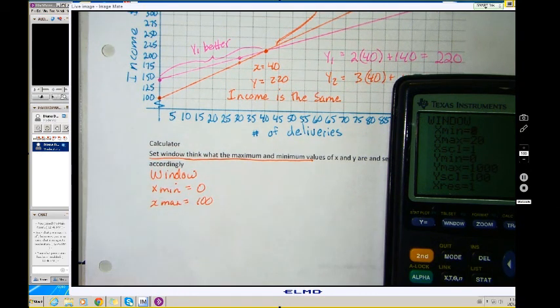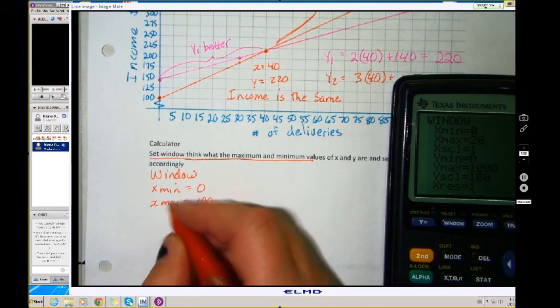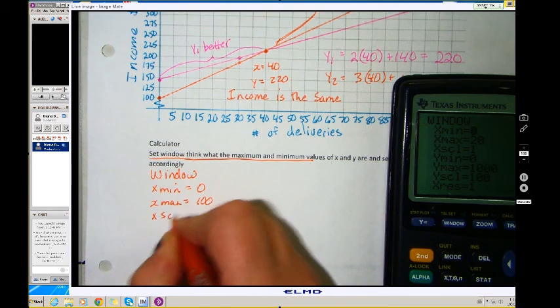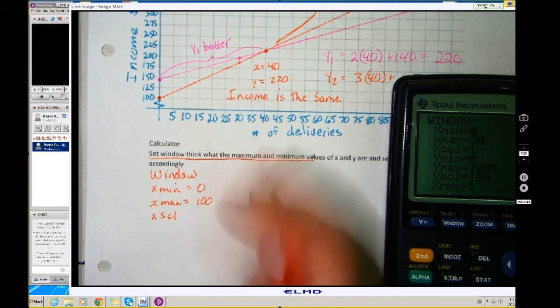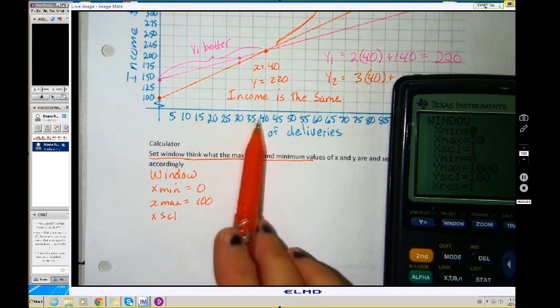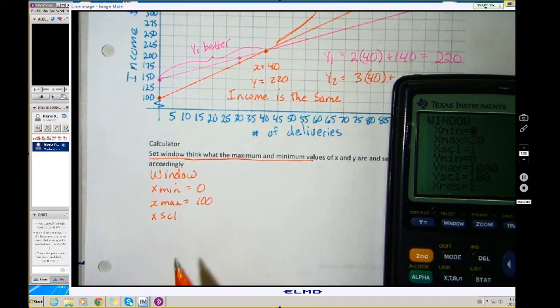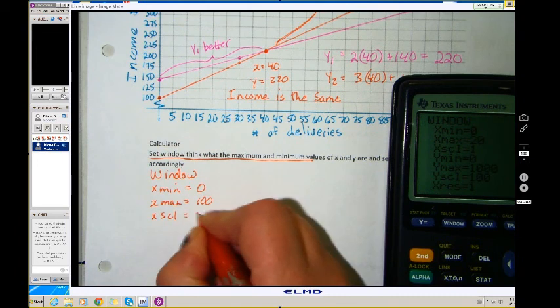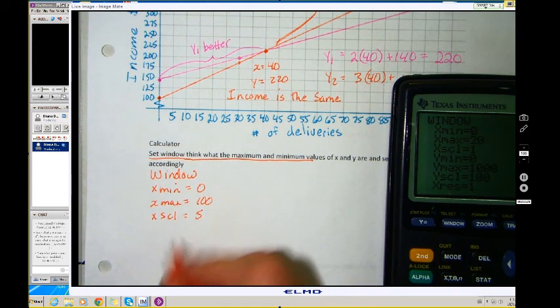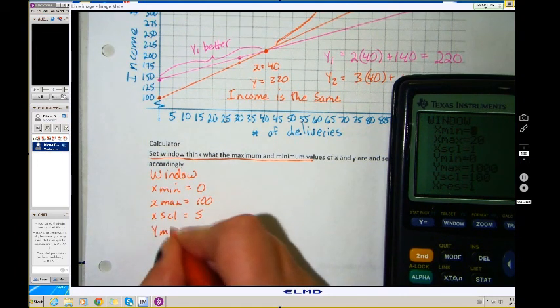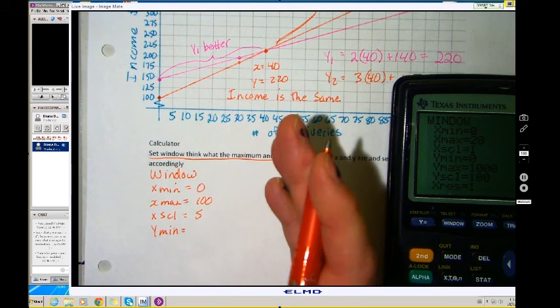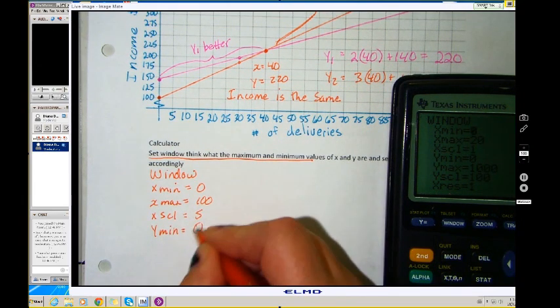It's okay to go a little more than what is needed. The scale, you don't have to change that, but what scale did I use? 5s. So you could put that in. You don't have to, it'll still work without it. And then your Y min, again, we're only dealing with positive numbers, so we can put 0.